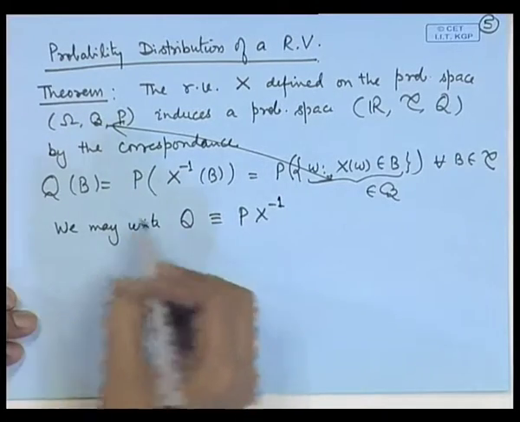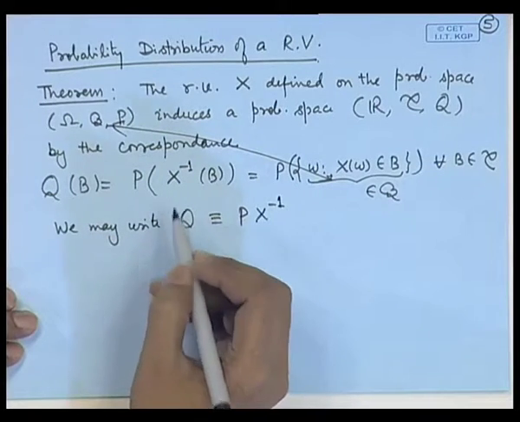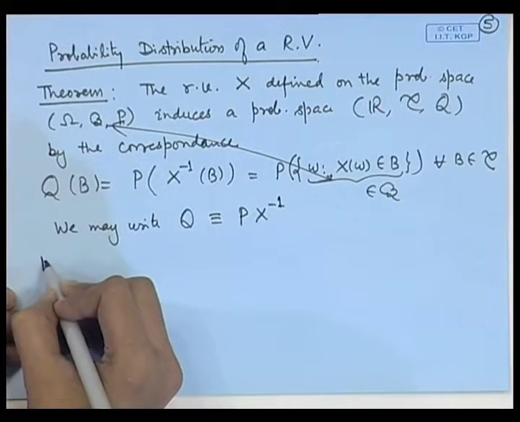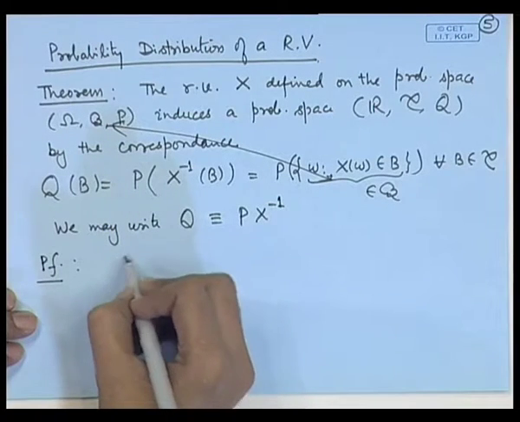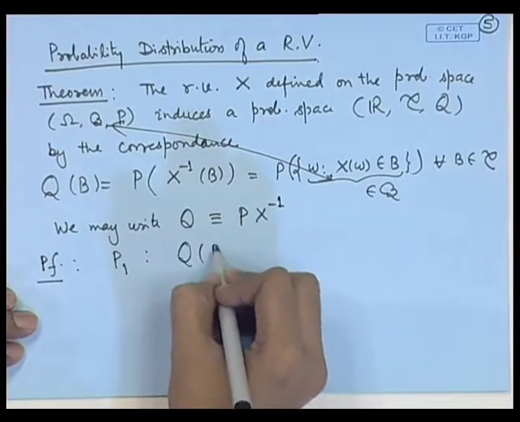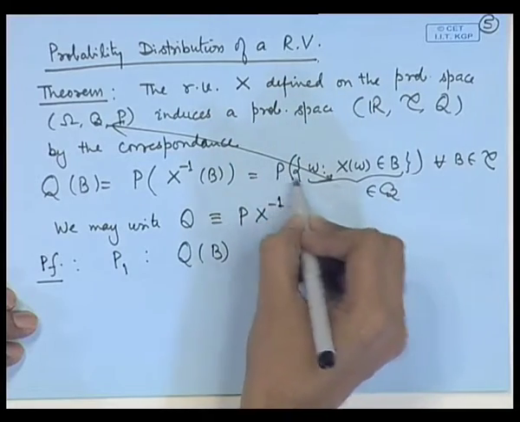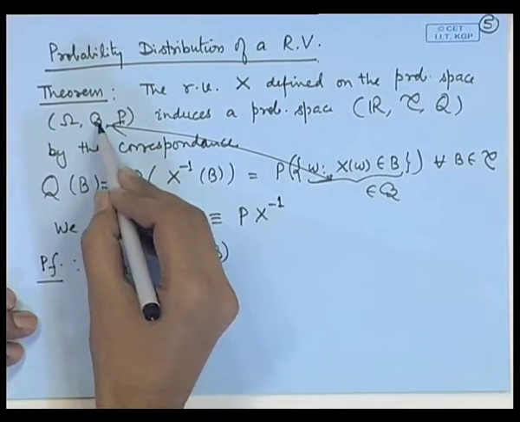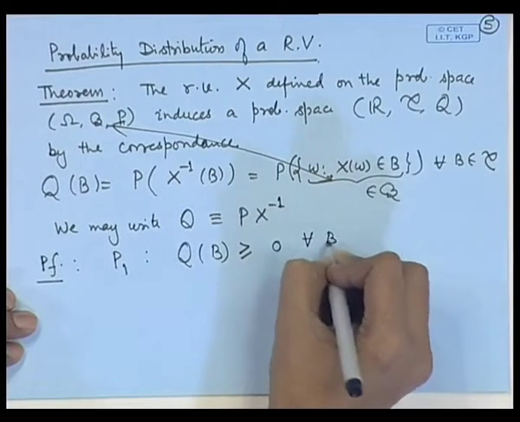Now, immediately one should be interested to check whether it is a valid probability function or not. That means, it is satisfying the three axioms of probability. We claim that this is true. Let us look at the first axiom. Q(B), since it is equal to a probability in the original probability space, is always greater than or equal to 0.